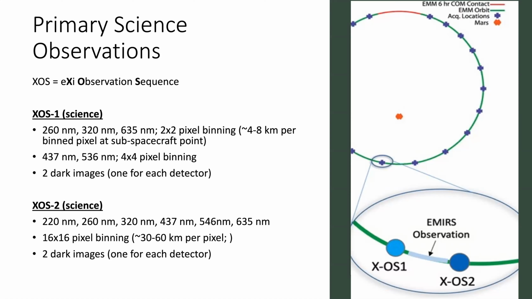The reason we can get by with the 16x16 binning is that the EMIRS footprint is still fairly large, so that still gives us quite a few pixels per EMIRS footprint, which is its goal. Of course, one would have liked to have the same images like XOS1s on both sides, but for data volume concerns and limitations, we went with the XOS2 design.